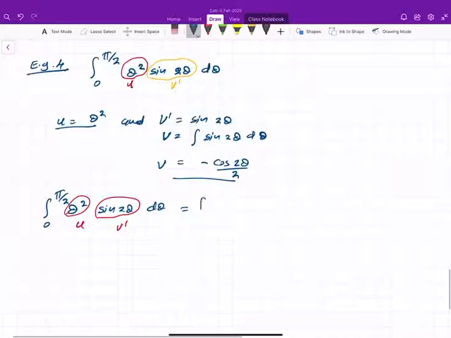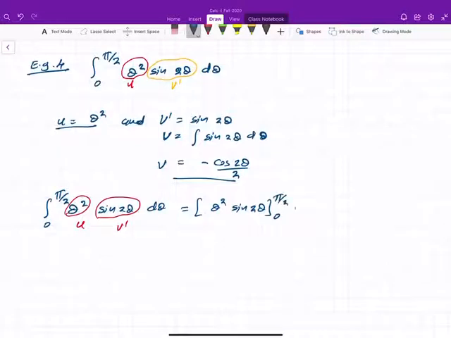Now you write this to be u times v. Sorry, no integration sign. You have to put square brackets. Here you have to put u times v, which is theta square times sine 2 theta. Then put the limits from 0 to pi over 2, and then negative.